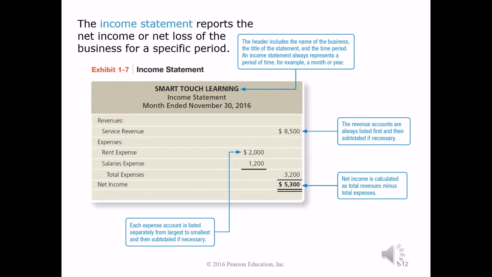You also see here that we have service revenue listed first. All of our revenue accounts will come first, and then our expense accounts. All of the expenses are listed in order based on the largest expense to the smallest expense. Net income is calculated at the end and underlined twice to show that the statement is complete.